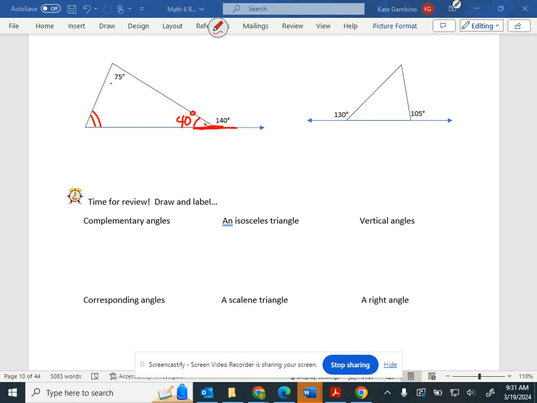So now I know two of my angles. I can subtract them from 180 to find my last angle. Same over here. Use what we know about supplementary angles on those straight lines to find our inside angles, and then you can find your third angle. So you have to use some previous knowledge. Any questions?